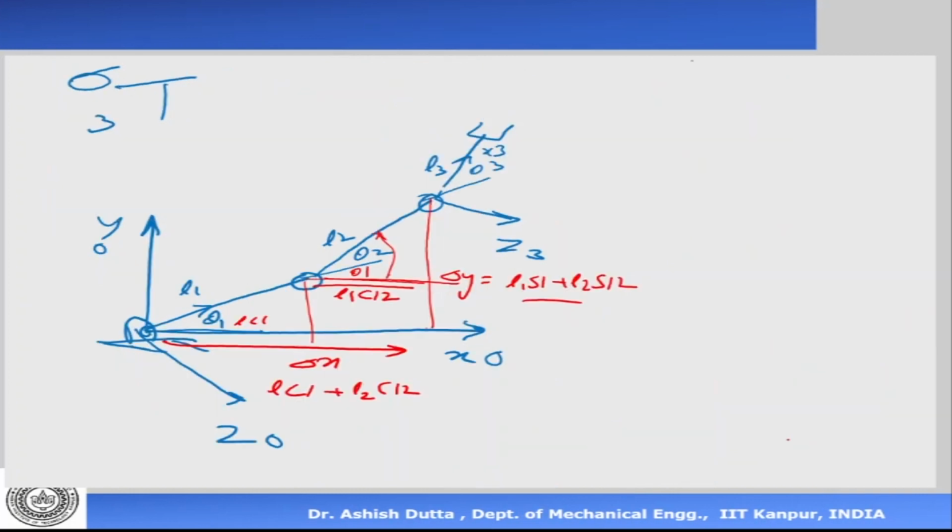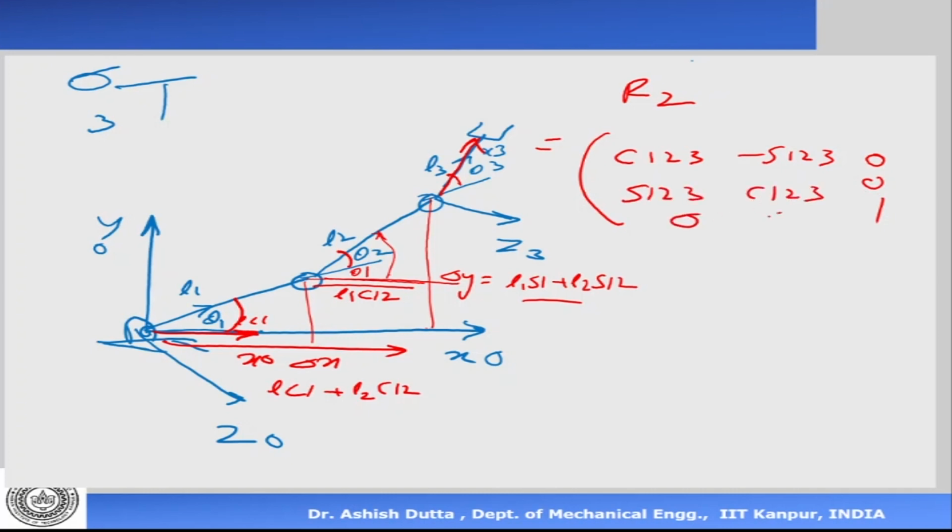What about the angle? x3 is here, x0 is here. What is the total angle between x0 and x3? It is theta 1 plus theta 2 plus theta 3. So the total rotation about the z-axis is cos 1 2 3, minus sin 1 2 3, 0 0 1, sin 1 2 3, cos 1 2 3, 0 0 1.